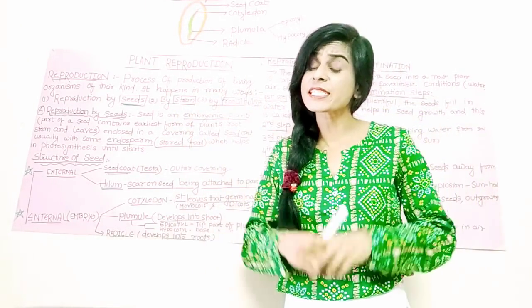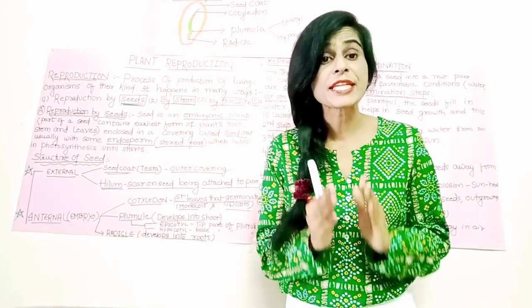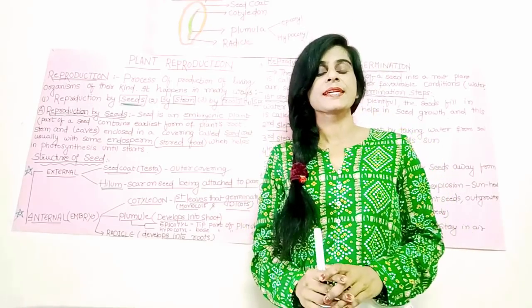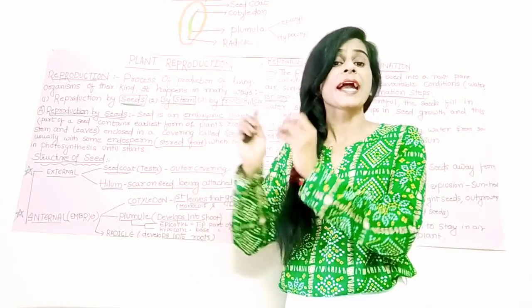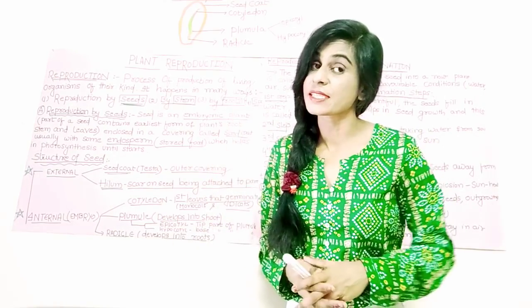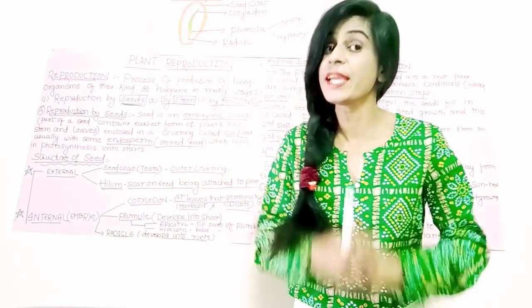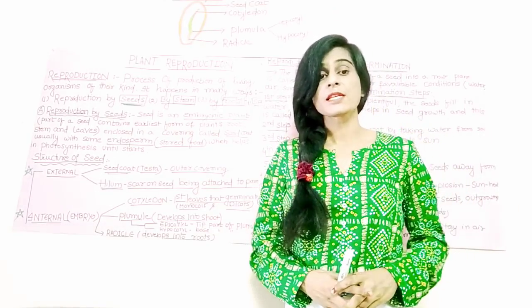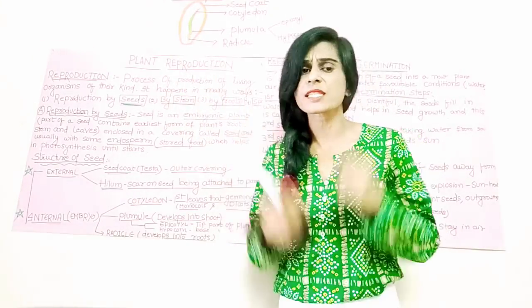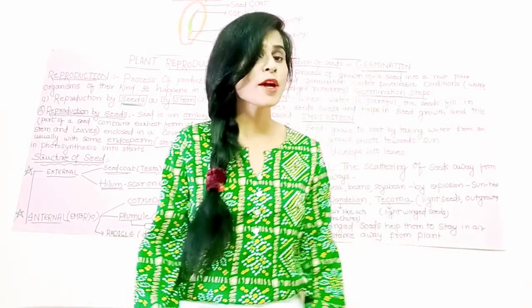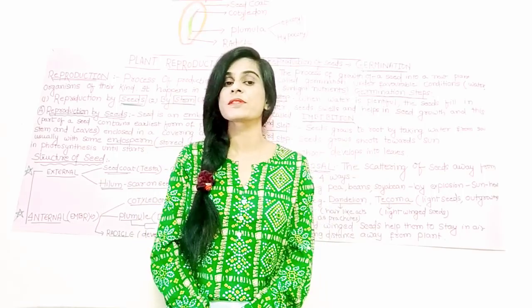And why is reproduction necessary? To continue their species. To continue the plant species and the animal species, reproduction is very important. Here we will be discussing only reproduction in plants. So how do plants reproduce?